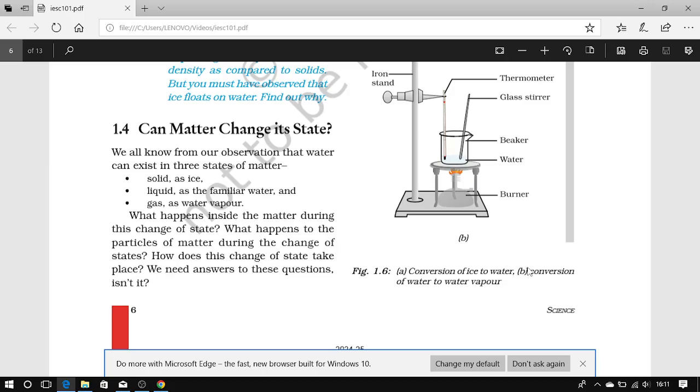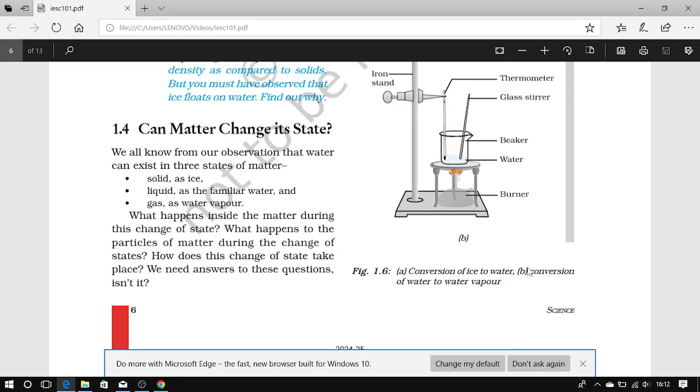What happens inside the matter during the change of state? All these particles are bonded in weak positions, and their gap is very far, and their atom size is very small, so they convert into another state, right?